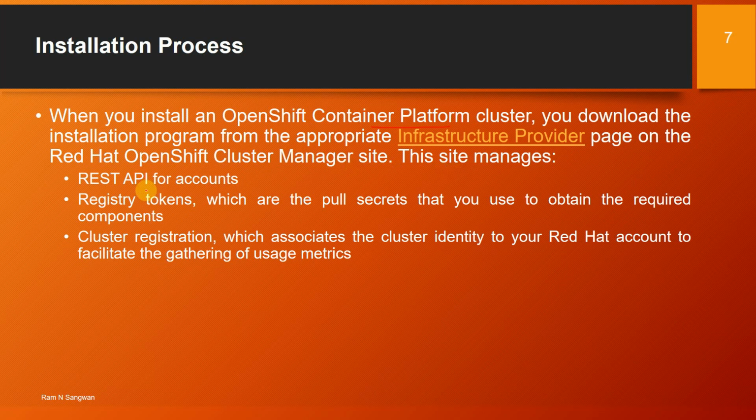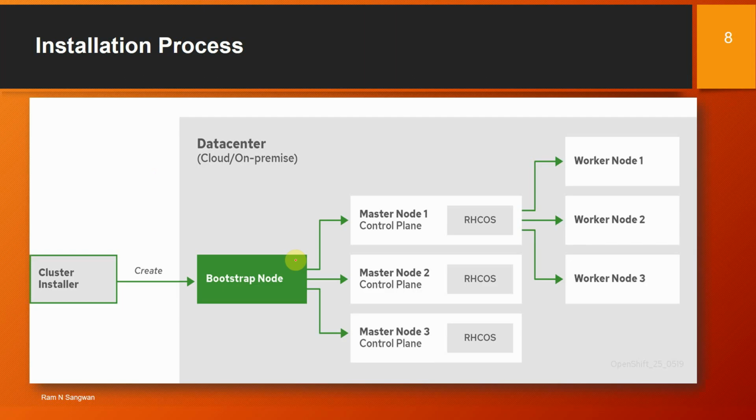This site manages REST API for accounts, registry tokens, which are pull secrets that you use to obtain the required components, and cluster registration, which associates the cluster identity to a Red Hat account to facilitate the gathering of usage metrics. So the installation process is you download one program called the installer.